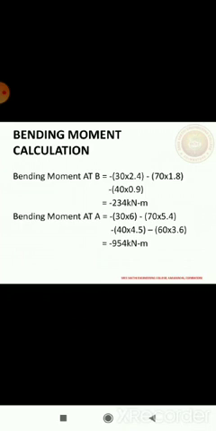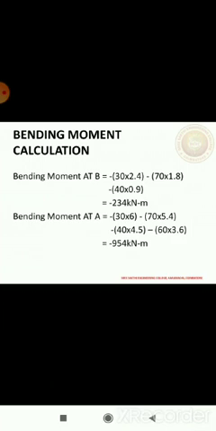For the bending moment at A, we check A and E. For A and E, the load is 30 kilonewton and the distance is 6 meters. So minus 30 into 6. For A and D, the load is 70 kilonewton and the distance is 5.4 meters. So minus 70 into 5.4.